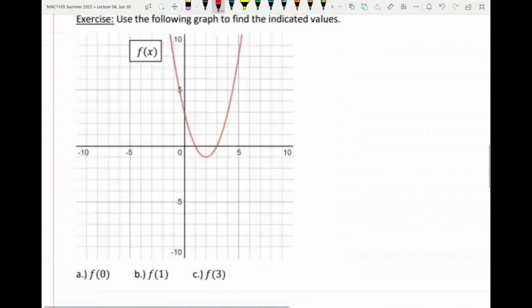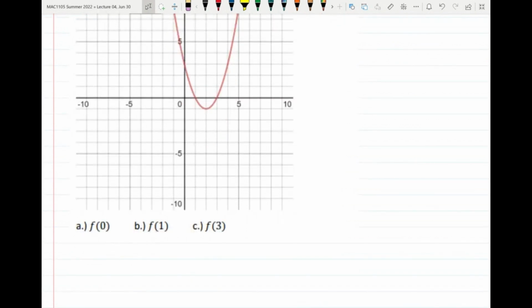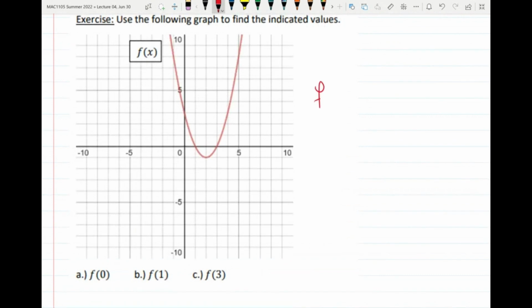Okay, so let's do this one more time, and I'm going to take advantage and introduce, we already talked about it last time, two special types of points the graph has. Okay? In particular, let's find these values. So let's find f of 0, let's find f of 1, and let's find f of 3.